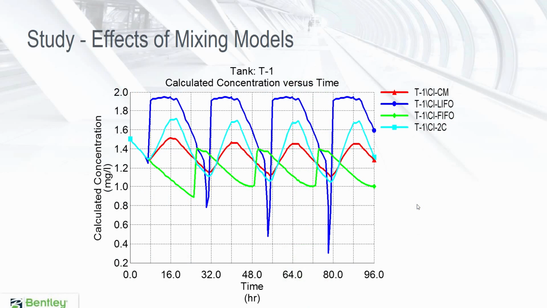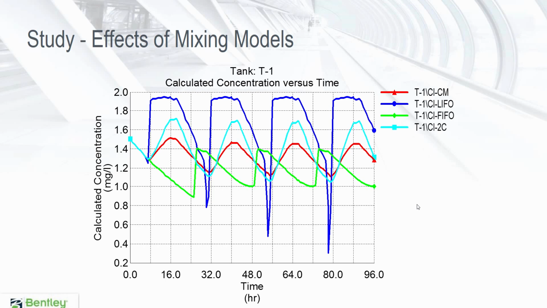And just to compare the differences between these mixing models, CM, the red line, if you can see that on the screen, that is completely mixed. And the completely mixed one you would think would have least variability, and that's the case here, where we're graphing chlorine concentration using these different mixing models. And the last in, first out, the blue line appears to be the one that has the highest variability.